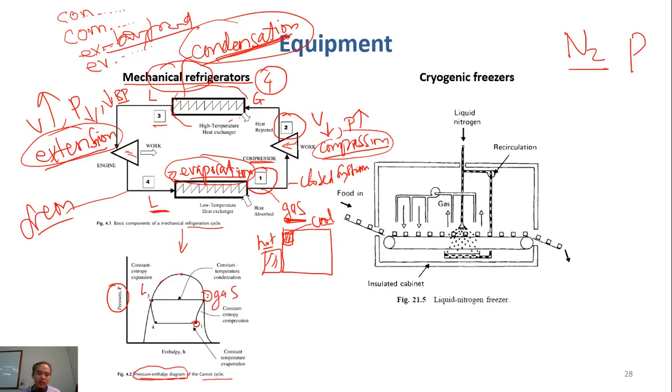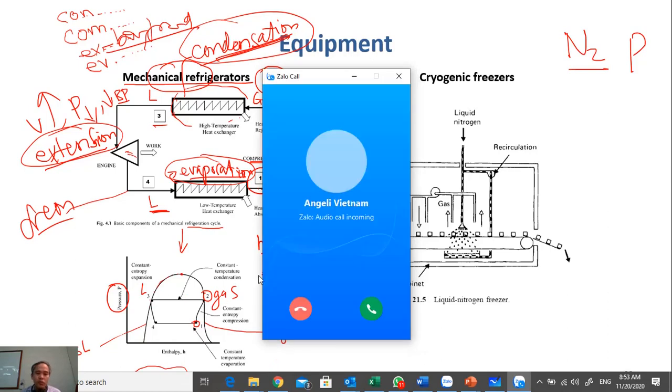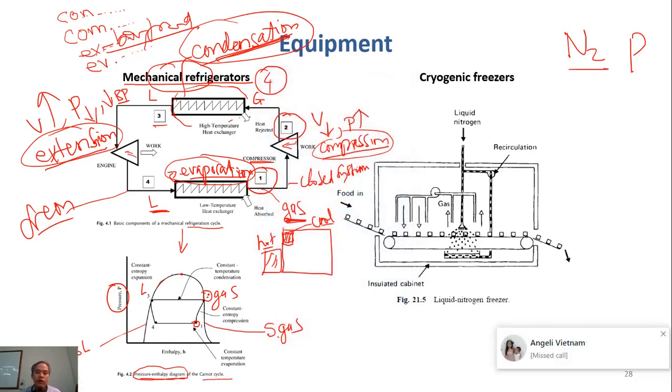The curve here on the left side is called the saturated liquid curve. If you studied, you remember. And this curve is saturated gas. So when you move from 2 to 3, you convert 100% gas back to 100% liquid.